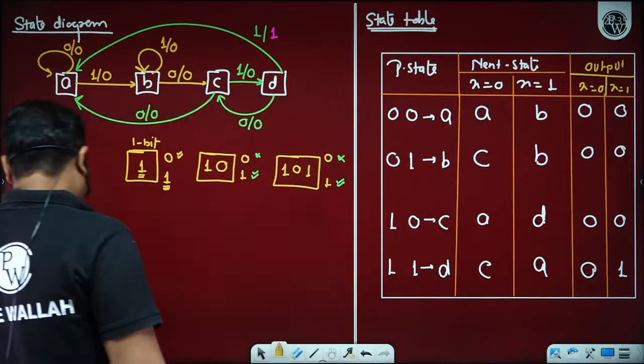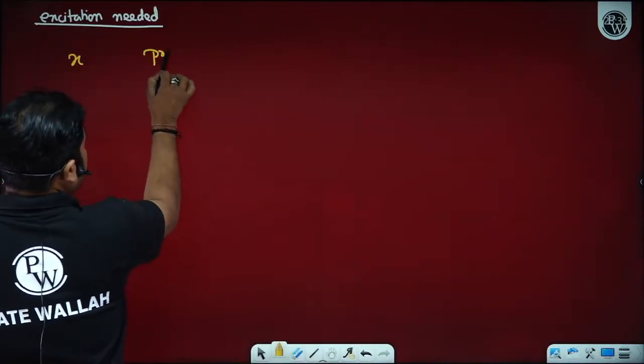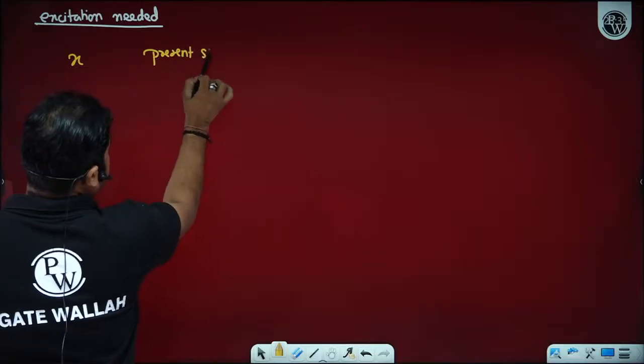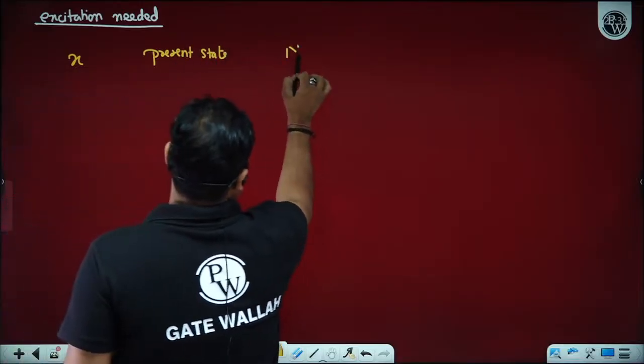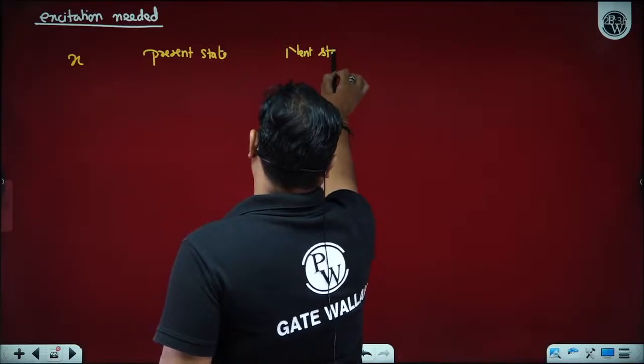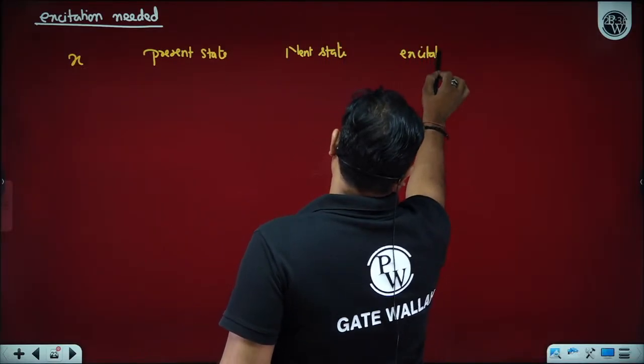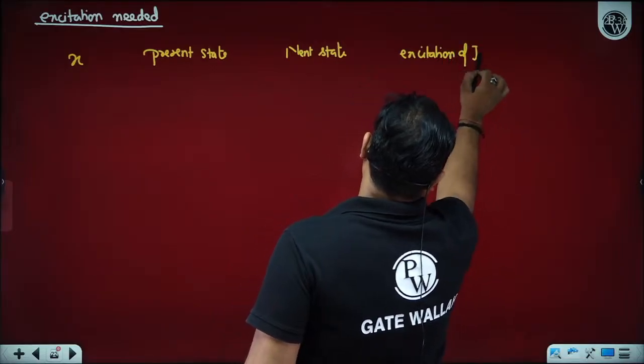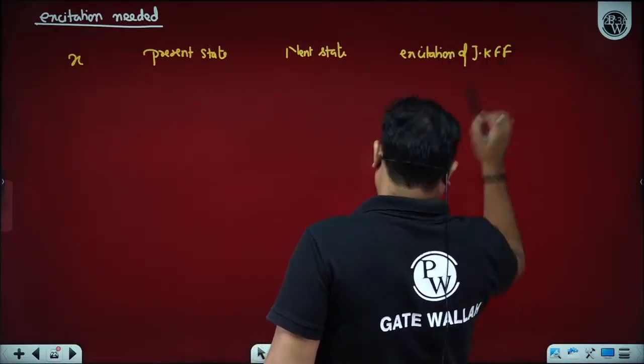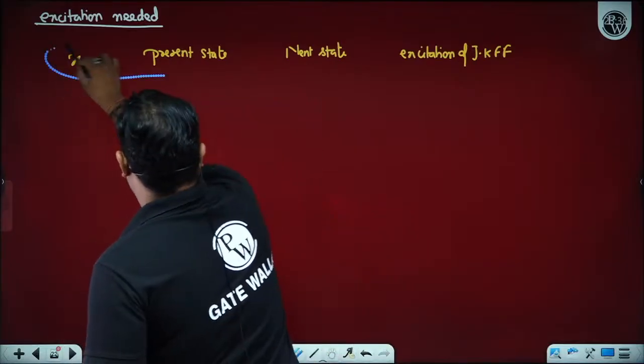We have a present state and then a next state. Based upon present state and next state, we can write the excitation of the JK flip-flop.